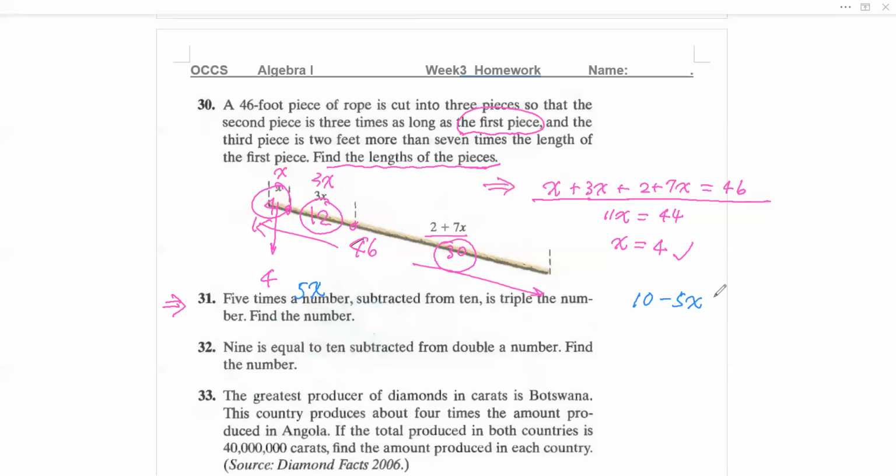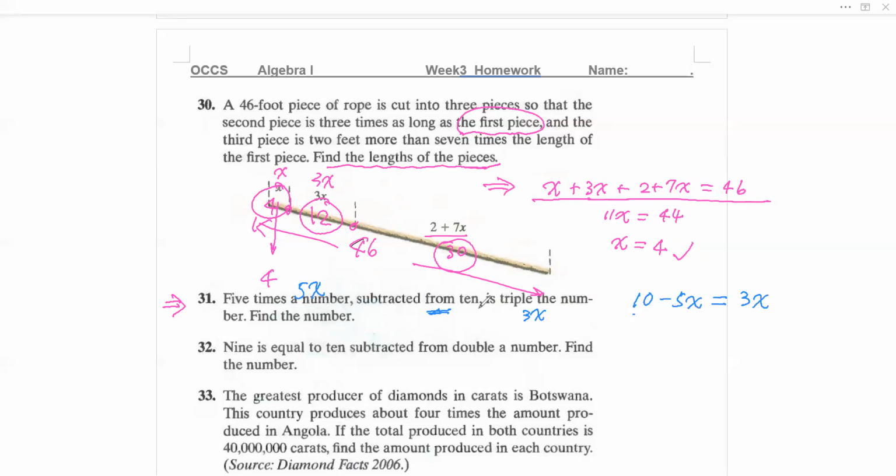It is exactly triple the number. Triple the number means 3 times the number, right? So 5x subtract from 10, just like you get $10 from your mom. So you need your mom to give $10 to you, so actually you get the one, right? So just like that, 10 minus 5x. Subtract from 10 and subtract 10 are different, right?